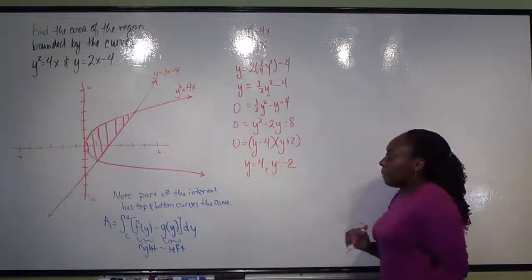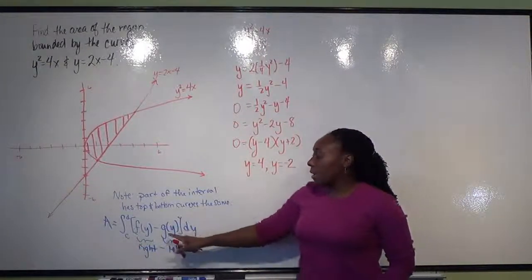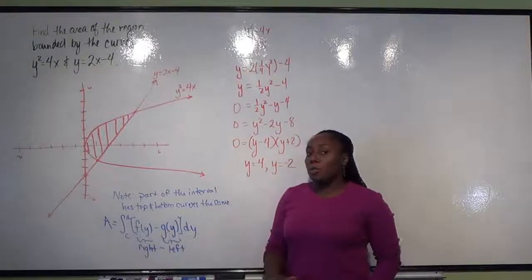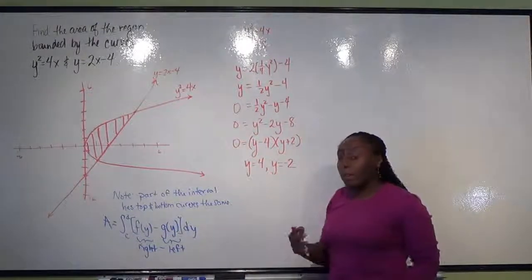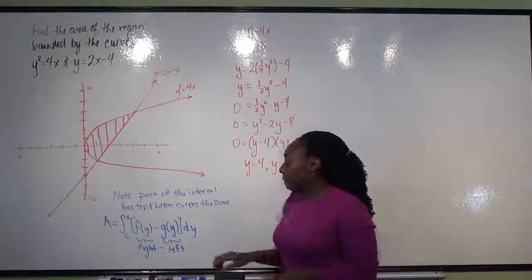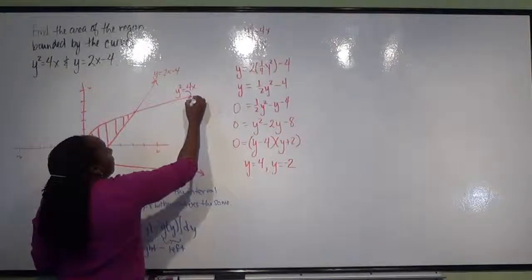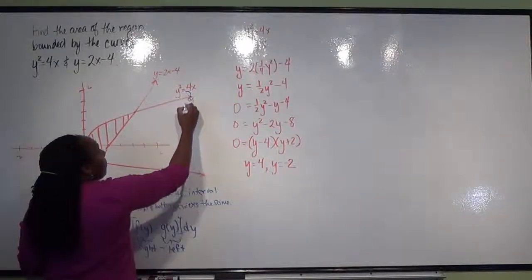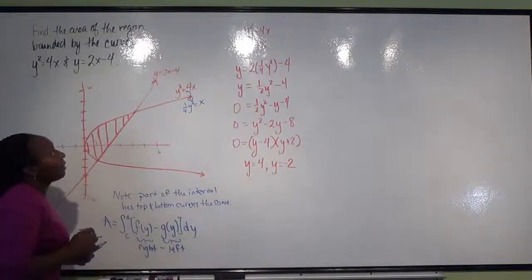Okay. Now the other thing to keep in mind here is in my formula for these, I want my functions to be in terms of y, which means I'm going to have to rewrite these so that they are in terms of y. Okay? This one's not too hard to rewrite. Here we have already seen we can rewrite this as 1/4 y squared equaling x.